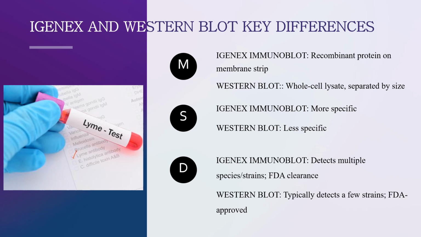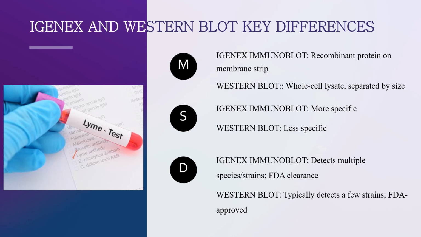Moving to the Western blot, we'll notice that it separates proteins by size using electrophoresis, and then transfers them to a membrane where antibodies are detected. The Western blot can be less specific than the IGeneX immunoblot because it uses whole cell lysates, leading to non-specific protein bands that confirm the presence of specific antibodies against the Borrelia burgdorferi.